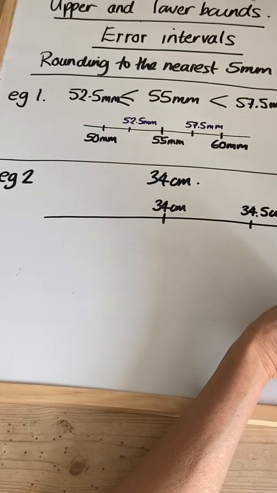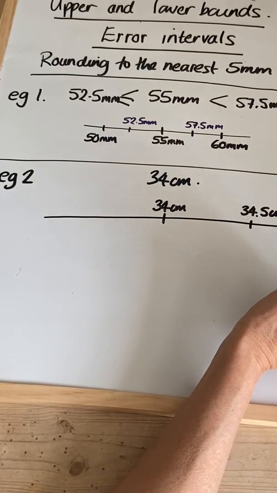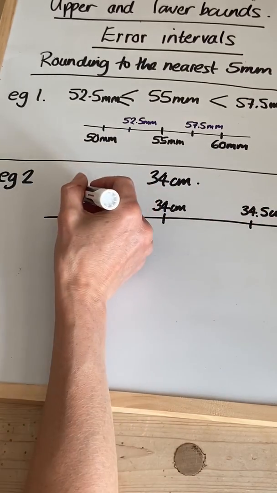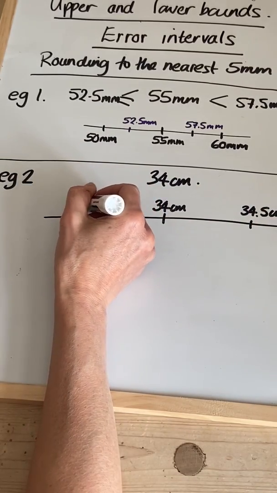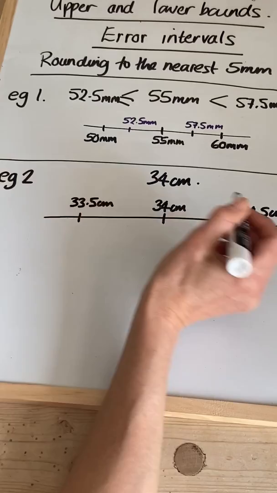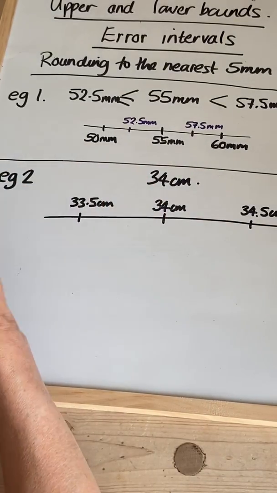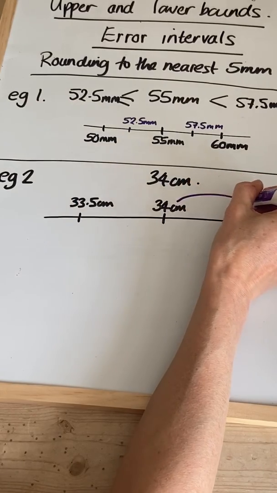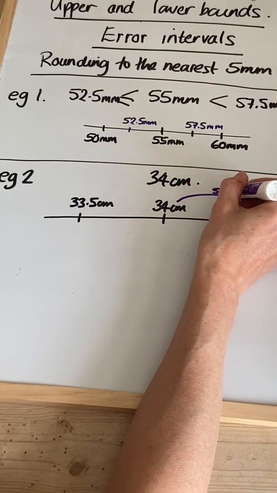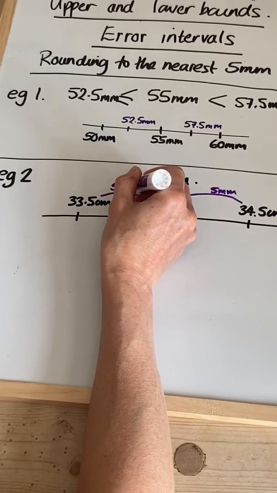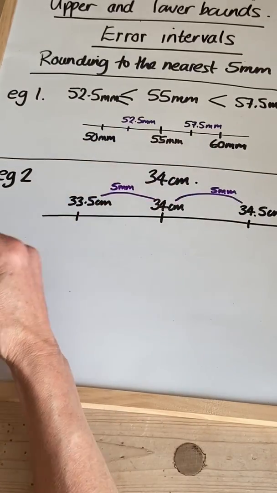So that's going to take us up to 34.5 centimeters. Taking away 5 millimeters, we're going to be down at 33.5 centimeters. Still remembering that our distance here is 5 millimeters, and here is 5 millimeters, but my units have changed to centimeters this time.